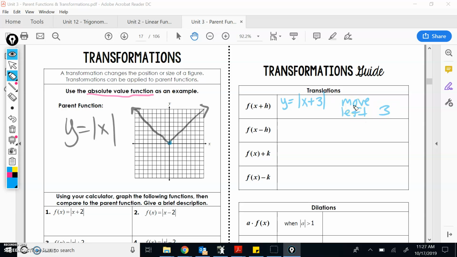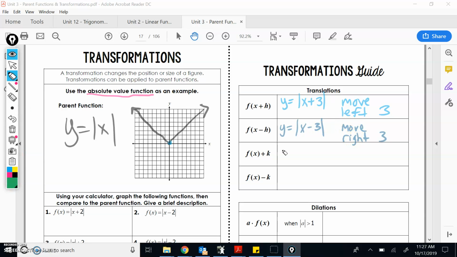If we had y equals the absolute value of x minus 3, that means we're going to move the whole graph right 3. So inside the parentheses, the number with the x in the absolute value moves the graph left or right. Plus sign means left. The minus sign means right.